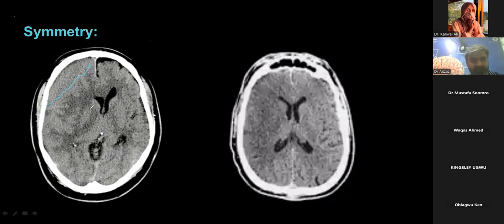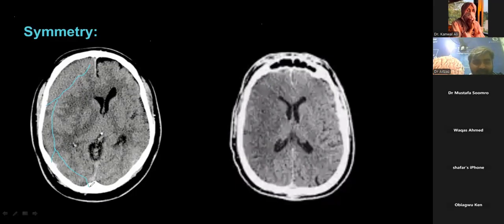I think it's right frontoparietal. This one? Frontal and parietal? Or this one as well? Yes, frontoparieto-occipital.